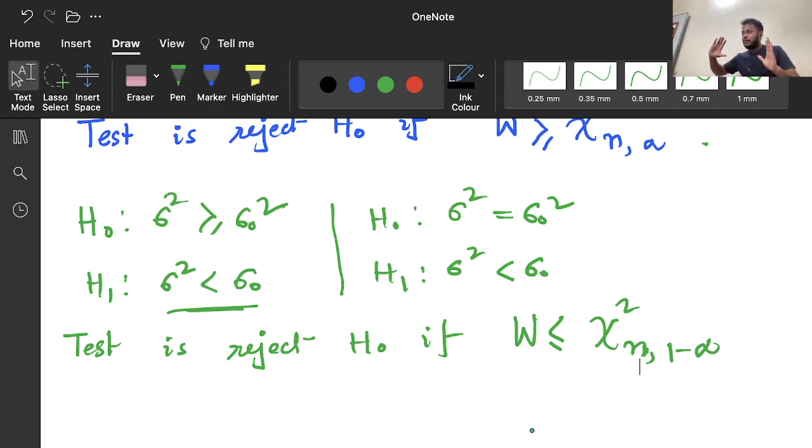Again the same logic applies: with the 1 minus alpha percentage portion of the distribution, most of the distribution cannot explain my data. To explain my data, I have to go beyond this 1 minus alpha portion, and then I reject my null hypothesis.